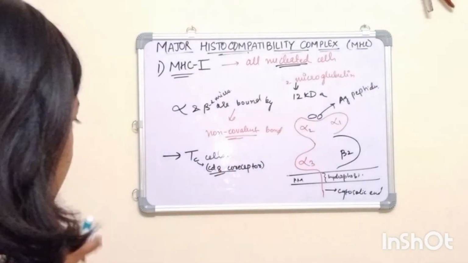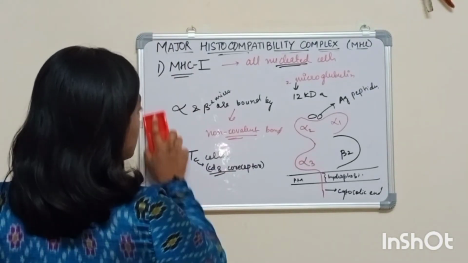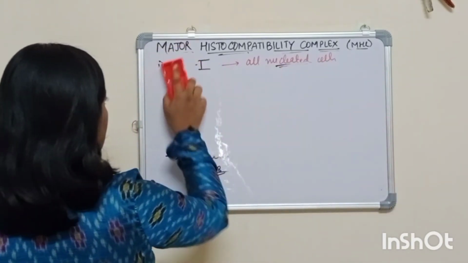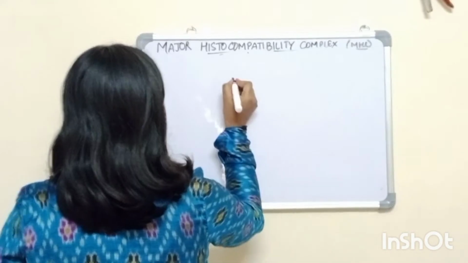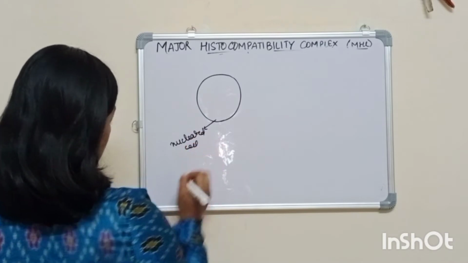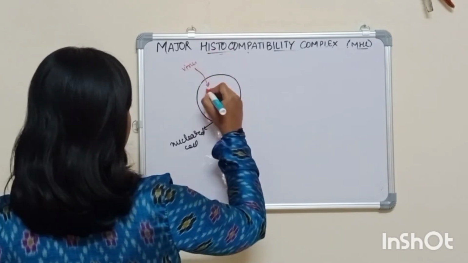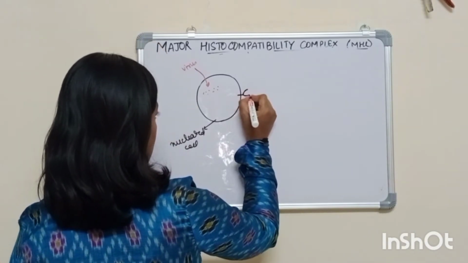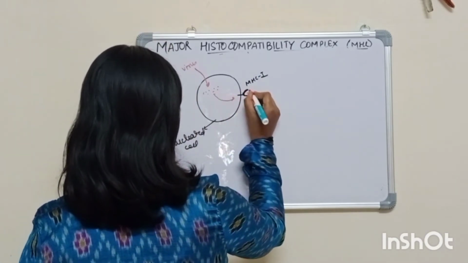Let's see how it presents the antigenic peptide to TC cells, cytotoxic T cells. It is a type of T cell. Suppose this is any nucleated cell. A virus enters the cell. The viral RNA is made into protein and the proteins are degraded. Now there is MHC1, and these peptides are presented here.